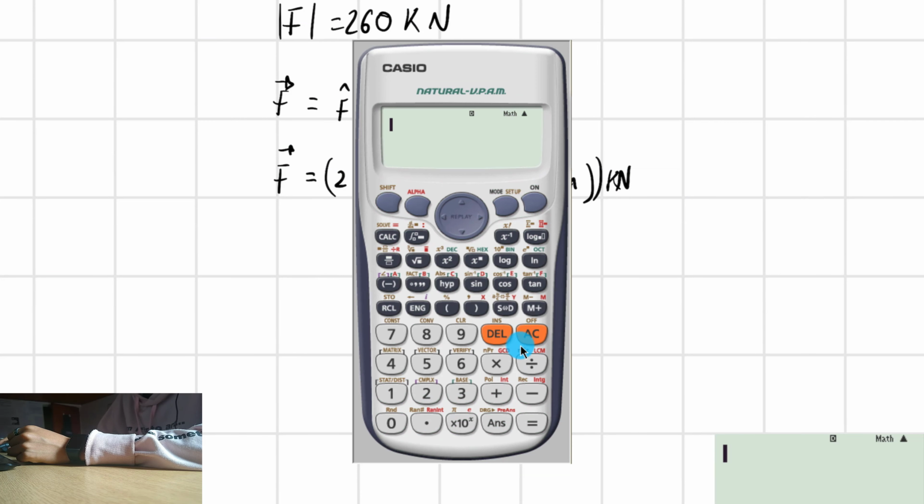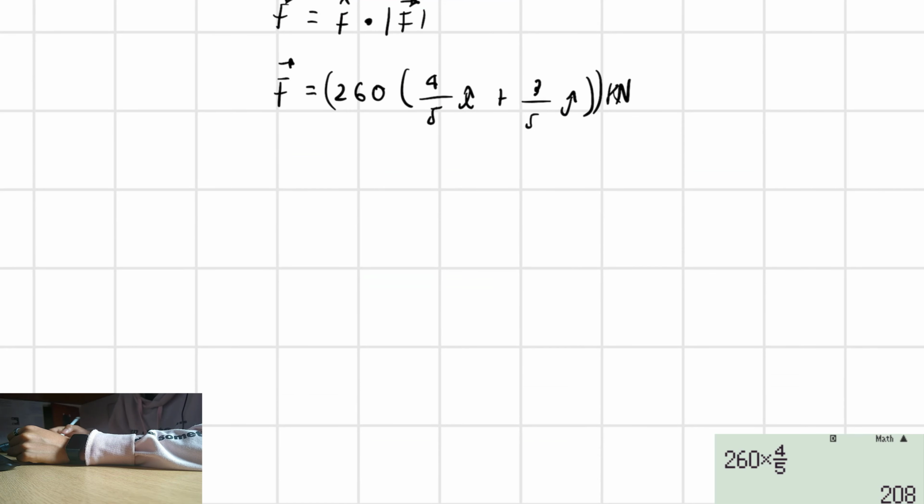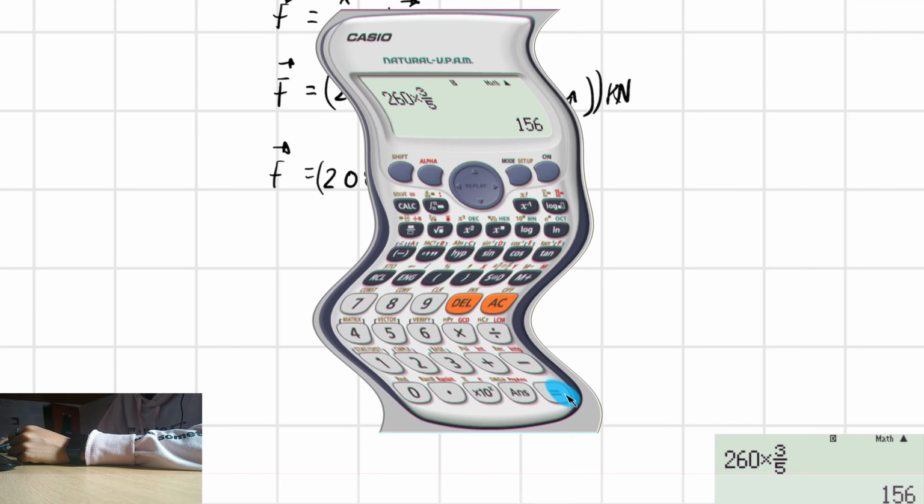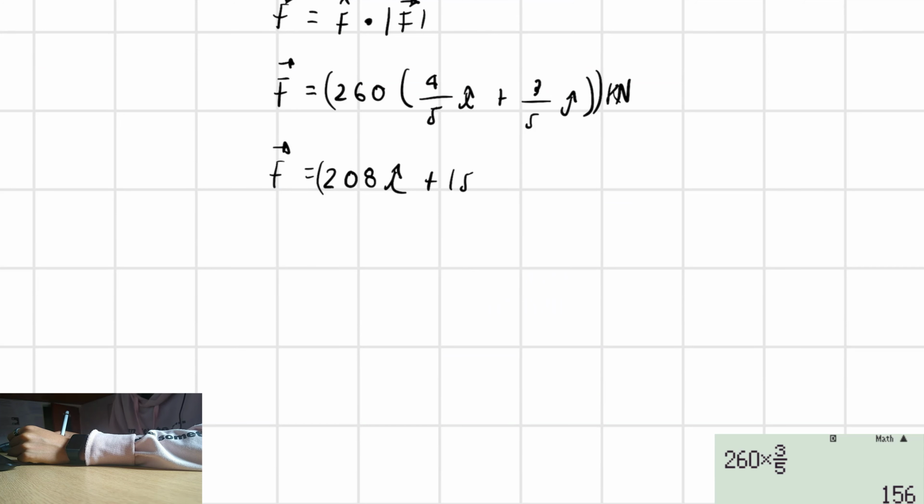So 260 multiplied by 4 divided by 5, 208 on the i direction, and I just have to change this by a 3, plus 156 the j direction. This is in kilonewtons, and right here we have our first answer.